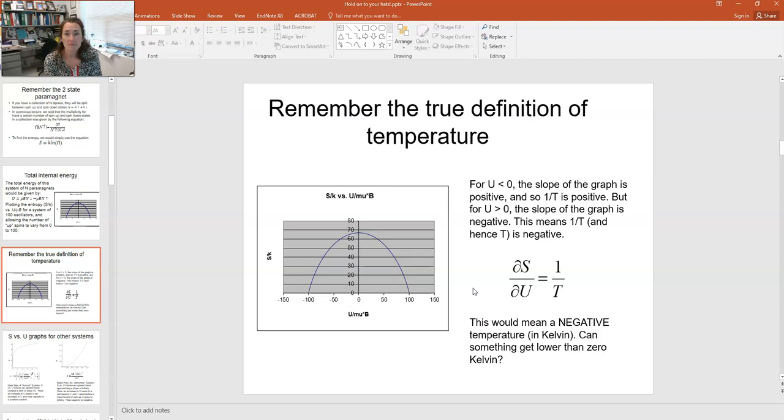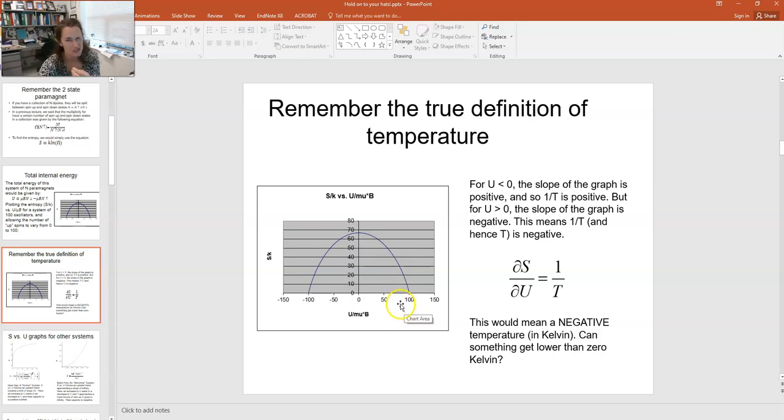Now, what that means is that the slope on an entropy versus potential energy graph can give you the temperature, right? Because derivatives are slopes. So, if we have a positive slope, as we have for U less than 0 here, then that would mean that we have 1 over T is positive, and we have a positive temperature, right?